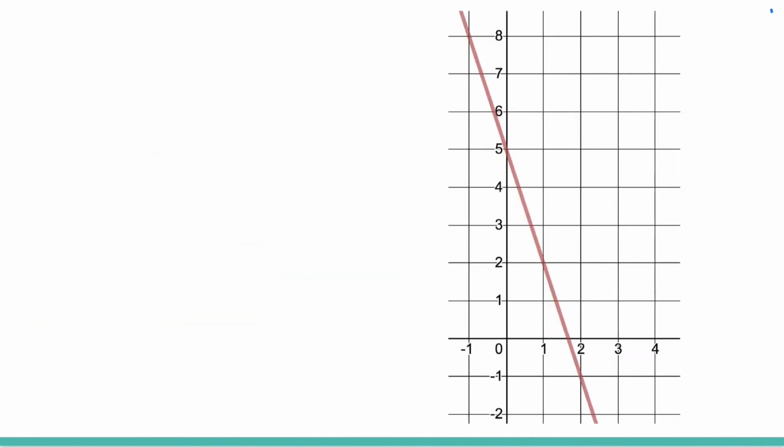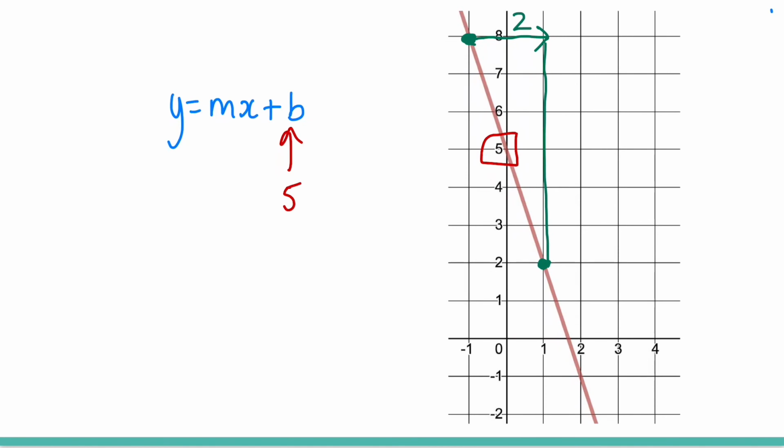So looking at the last one, we know that it's y equals mx plus b. We can see that the b value is 5 again, and the gradient crosses exactly here and exactly here. So I'm going across, the run is 2, the rise is 6, or -6 because I've gone downhill.